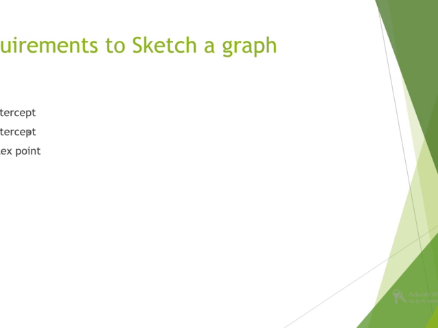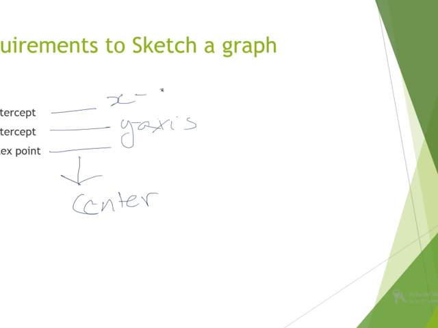The requirements to sketch a graph are the x-intercept, the y-intercept, and the vertex point. The vertex point is known as the center point of the graph. The y-intercept is where the line crosses the y-axis, and the x-intercept is where the graph crosses the x-axis.